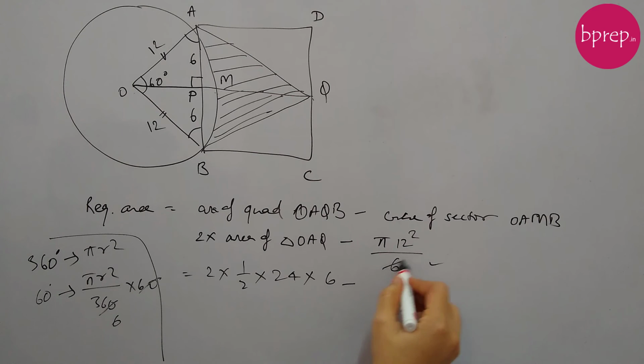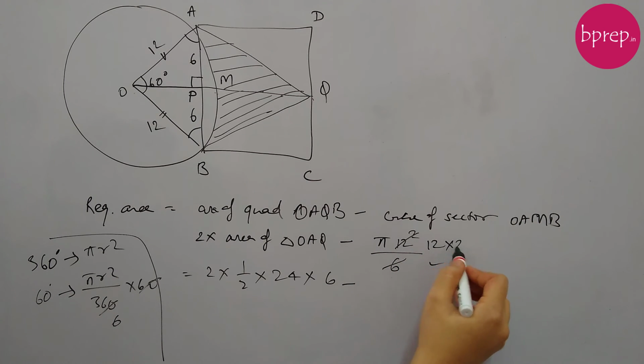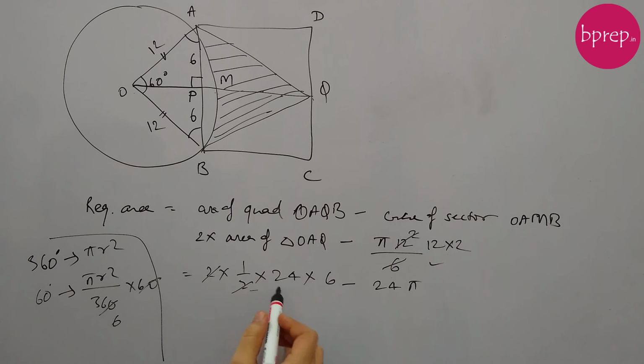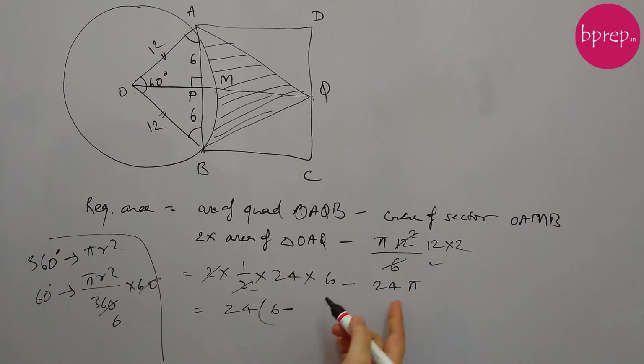Minus 12 square by 6 becomes 24 pi. From here 2 will get cancelled, we have 24 into 6, so 24 we can take common. Here we'll have 6 minus pi, which is 22 by 7. So 7 sixes are 42 minus 22 will be 20. So this will be 24 into 20 by 7.